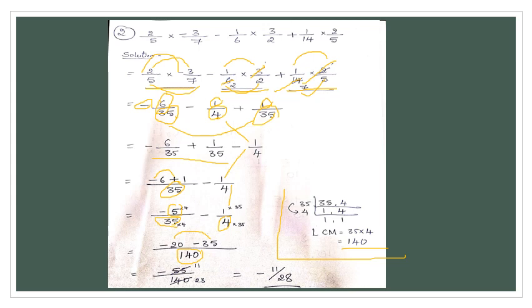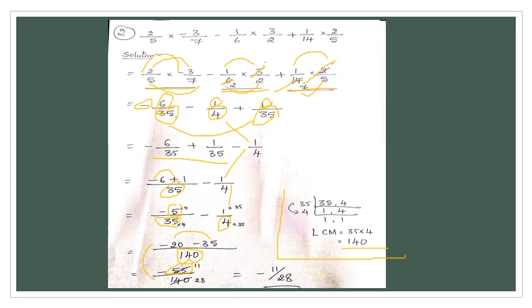Let us add those two numbers. 20 plus 35, the answer is 55. Here the greater number is 35, and 35 carries the minus sign. So in the sum of those two terms we want to write the minus sign. So minus 55 by 140 is the simplified form of the above step.